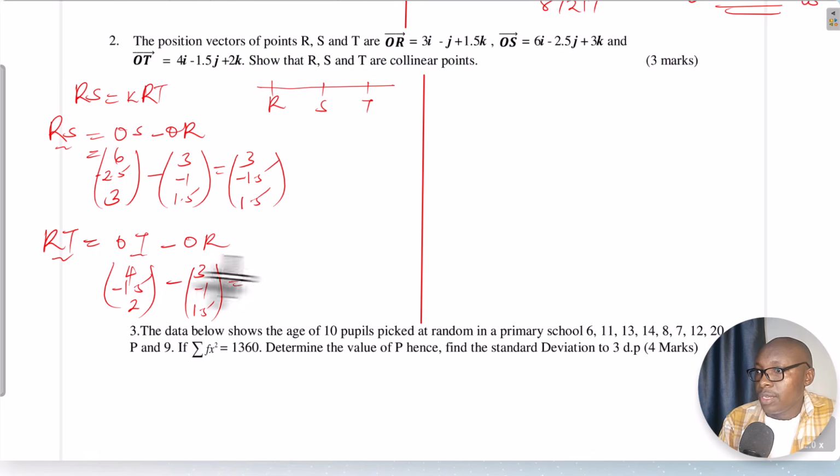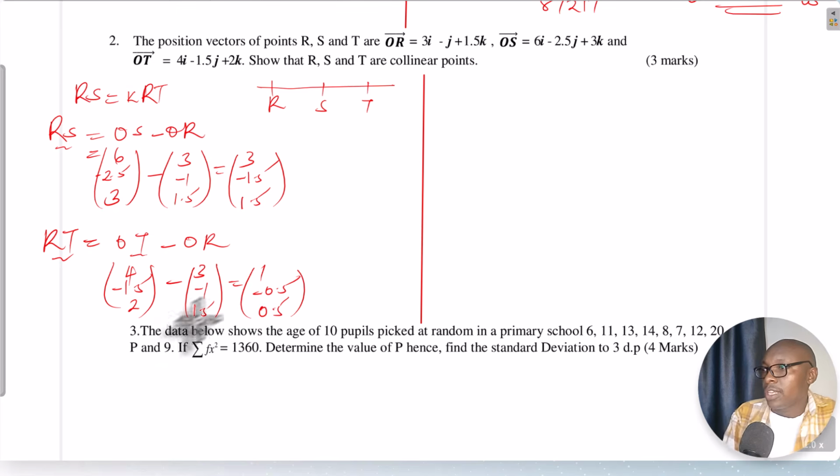Subtract this: 4 subtract 3 is 1. Negative 1.5 subtract negative 1 will be plus 1, which gives negative 0.5. Then 2 subtract 1.5 is 0.5.